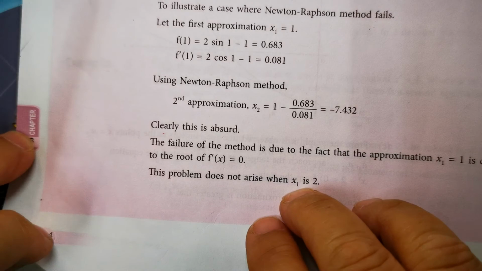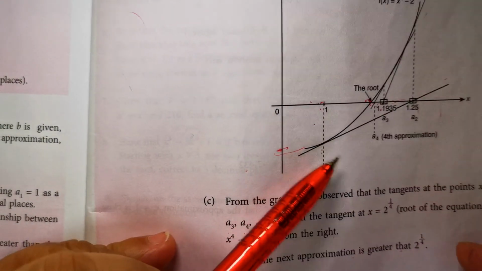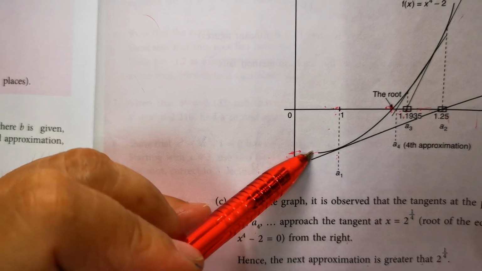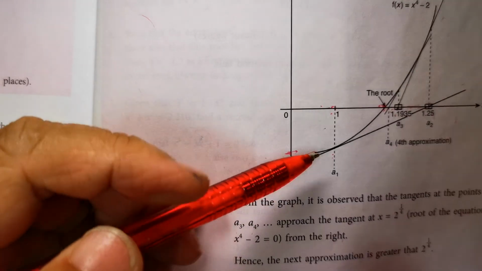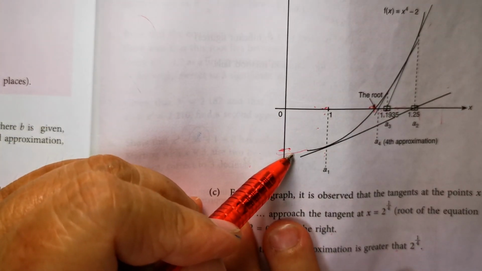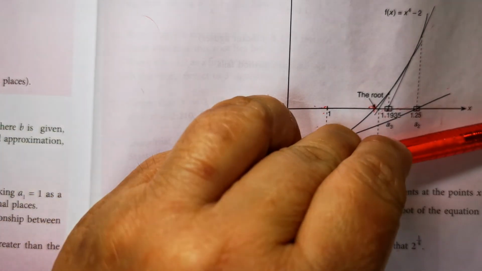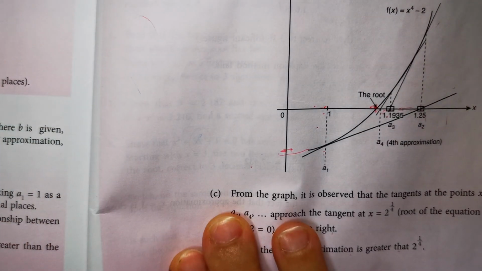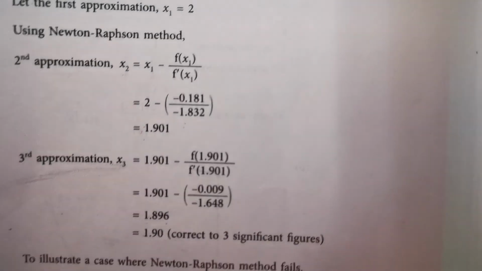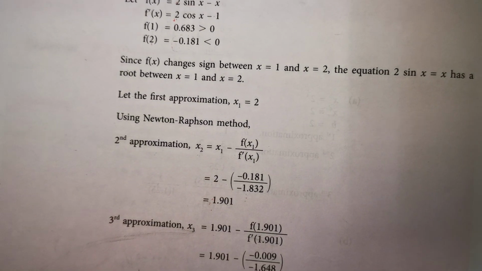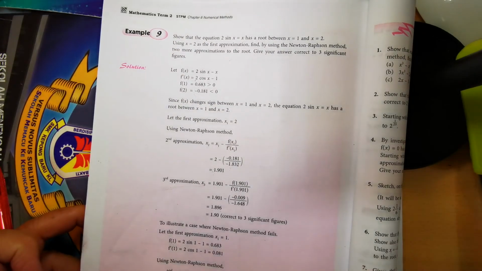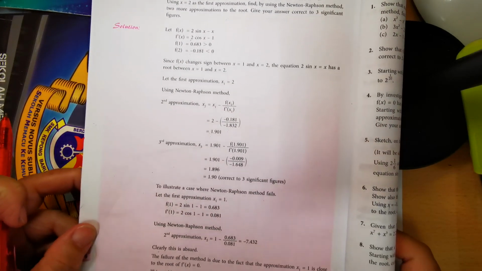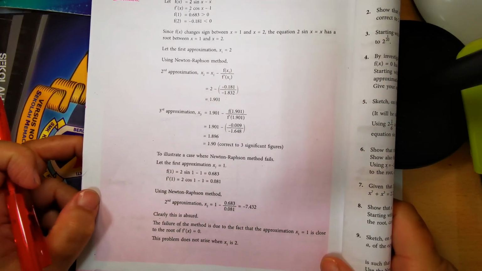It's something like this: the value chosen may be here, very close to 0 already, so when you draw the tangent, it goes far away. So these are 4 good examples that you can refer to again in your textbook and try to understand.